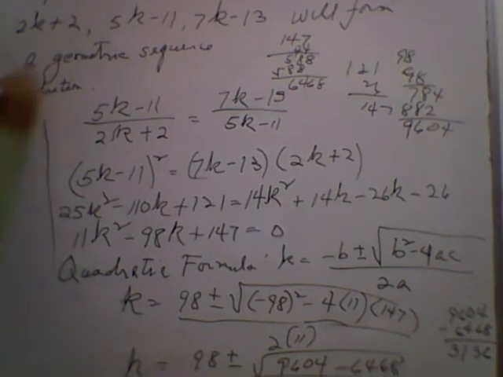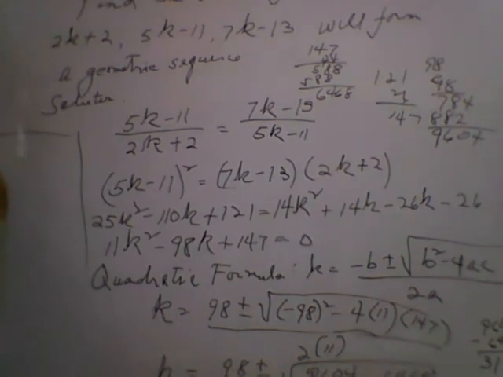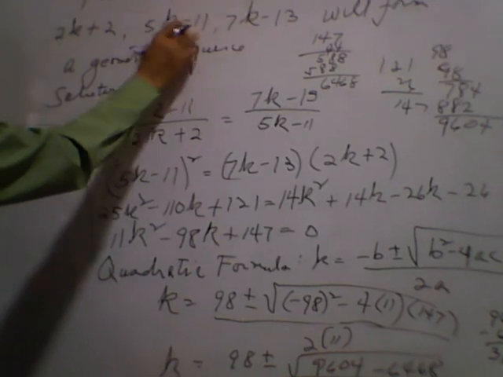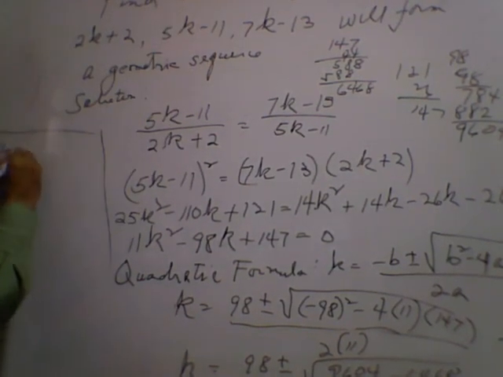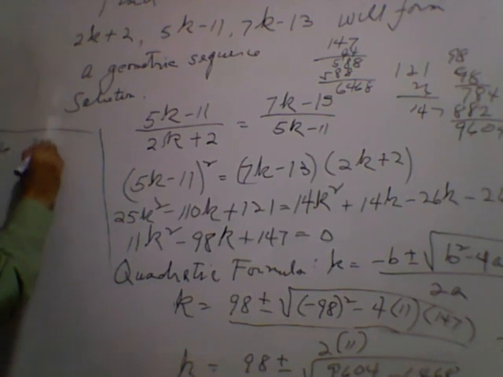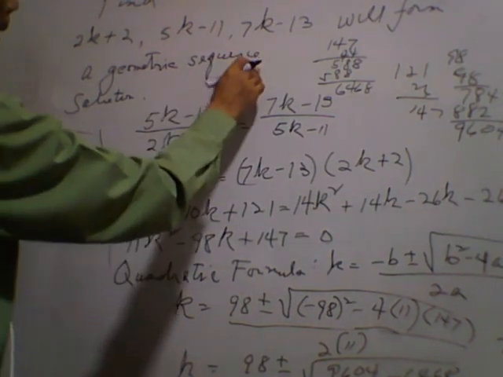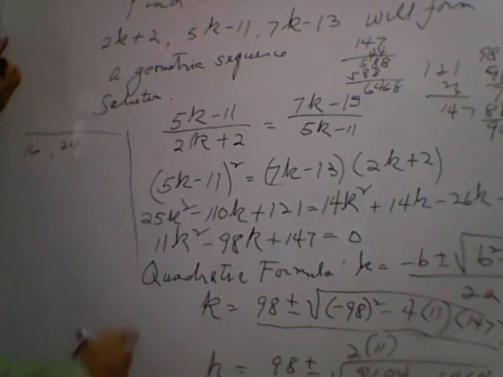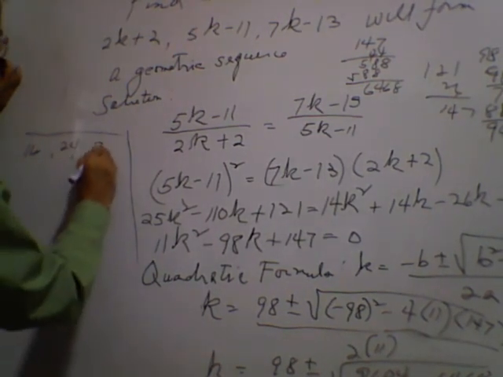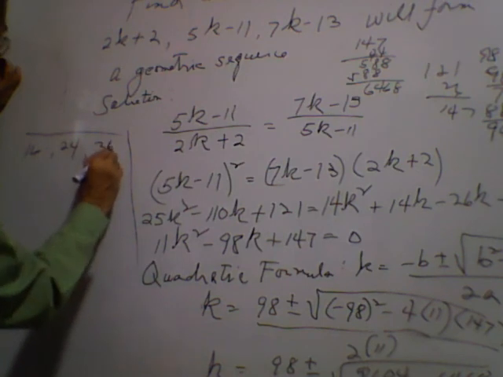So 14 plus 2 is 16, and 7 times 5 is 35 minus 11 is 24. And here 49 minus 13, that is 36. Is this a geometric sequence? We'll see.